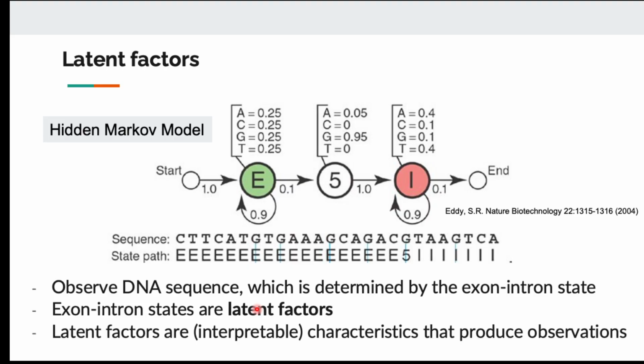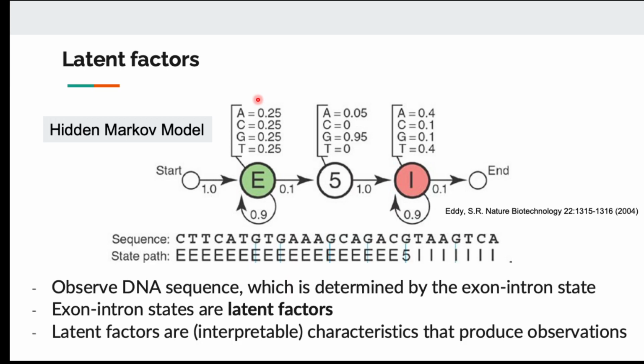So latent factors, if we have to define them, are what we use to describe interpretable characteristics that produce the observation. In this case, we call the hidden state a latent factor because if you know the state, like if you know that it's exon at this position, you know the frequency of nucleotide.